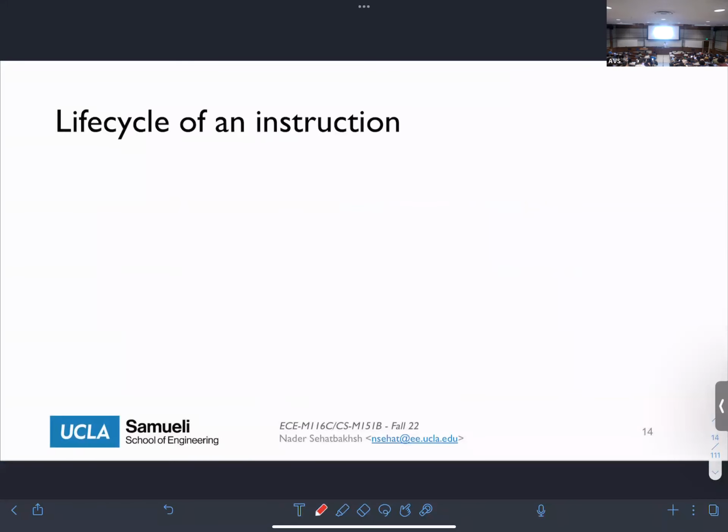In order to understand what the steps are, we first need to understand the life cycle, or step-by-step execution model, of an instruction. The first thing an instruction needs to go through is being read from the memory.